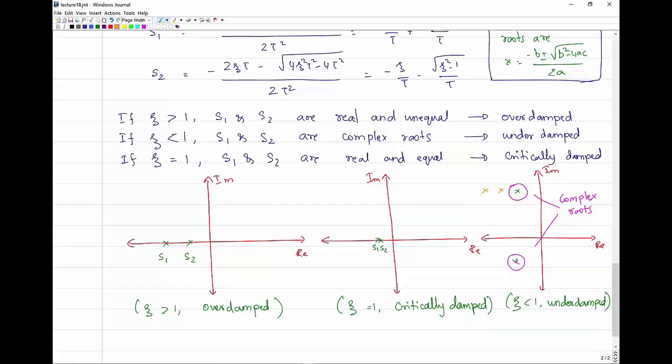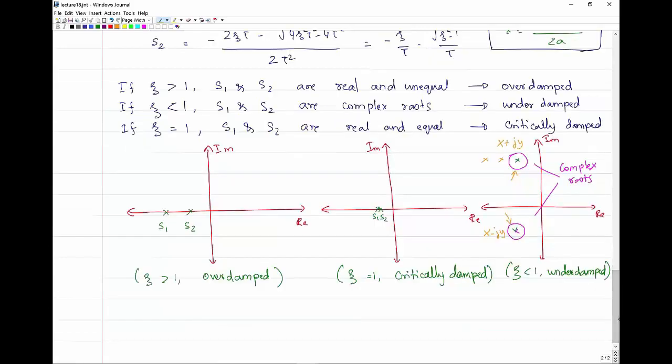So it must be obvious by now that we are able to relate the location of poles to the corresponding qualitative behavior of a transfer function.